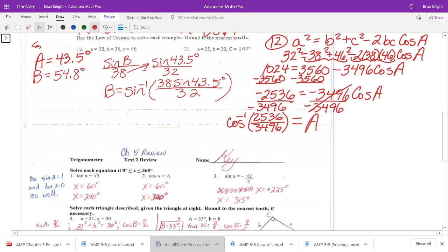If you didn't get that when you put it in your calculator, check and make sure after this 43.5 that you close your parentheses, okay, before you divide by your 32. That is where a lot of people mess up putting it in their calculator. What do you do to get C?